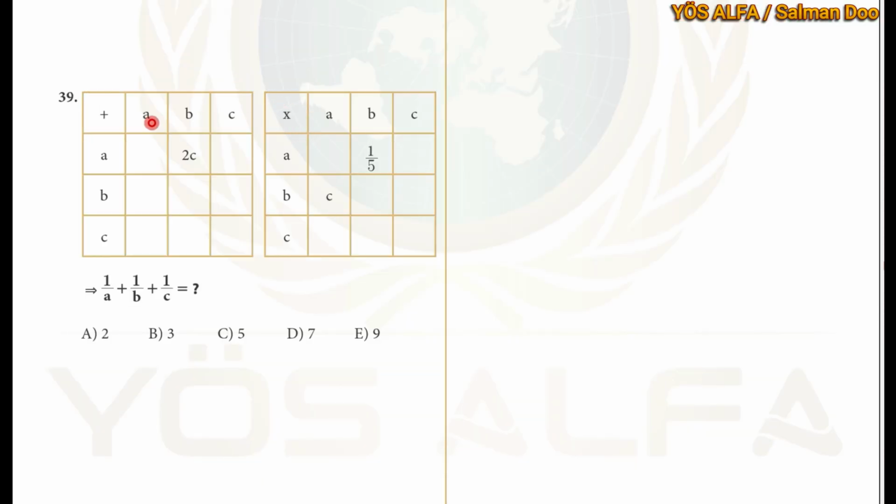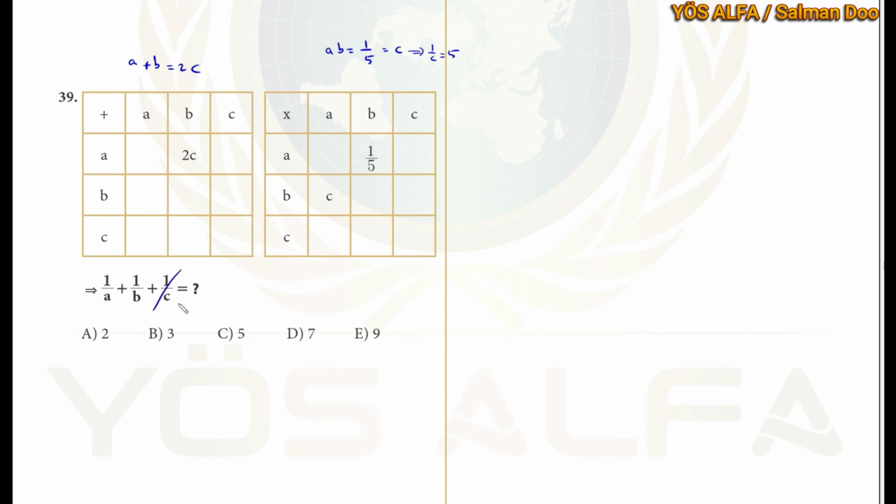The multiplication table and the summation table is given. We're asked to find this. So from the summation table, we have a plus b is equal to 2c. From the multiplication table, we have ab is equal to 1 over 5. And we have another ab is equal to c. So we have this relation. To get this, from the second relation, 1 over c is going to be 5.